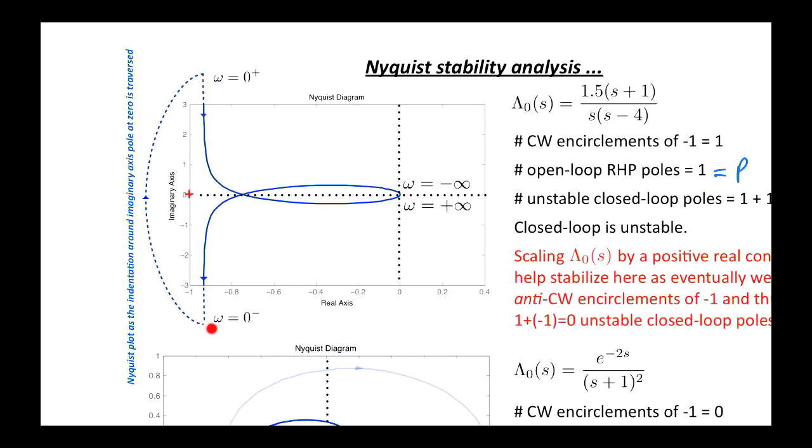All right? As we go around the little indentation around the pole at s equals 0, we get net change in phase of minus pi radians. There it is. Moving minus pi radians is in the clockwise direction. Okay? Minus pi clockwise. So this is what you get. All right? What we're doing is this, right? When we're here, we're up here somewhere.